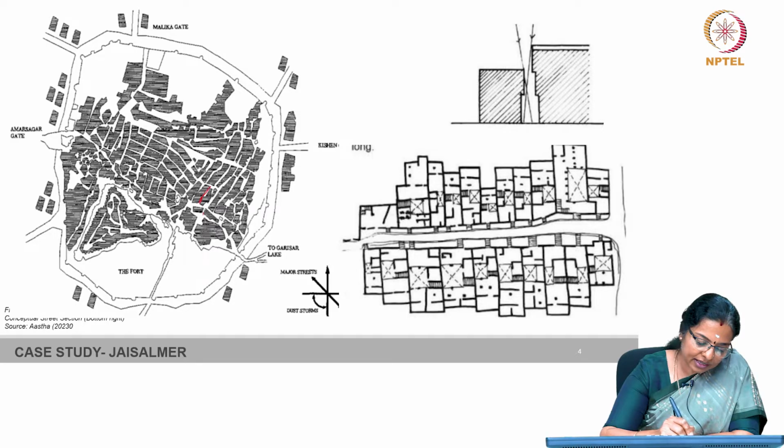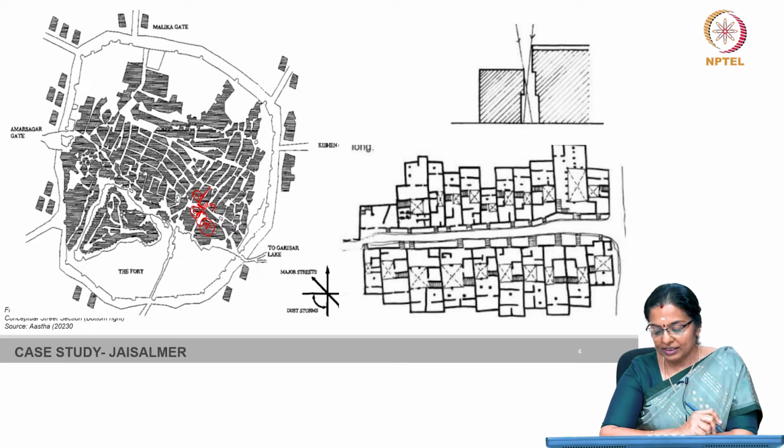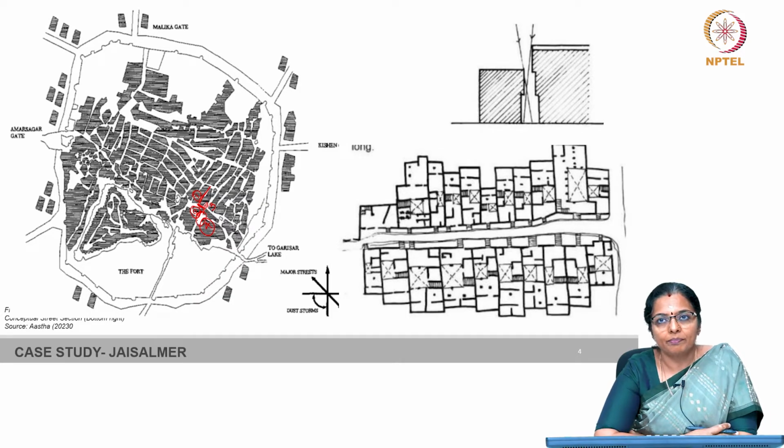The streets are narrow and then they move on to this is the first hierarchy, then it moves on to the second hierarchy, then you have the third hierarchy and then it opens on to the fourth hierarchy. So, the streets have a hierarchy. Right from narrow streets, it opens out onto small open spaces which act as community spaces.